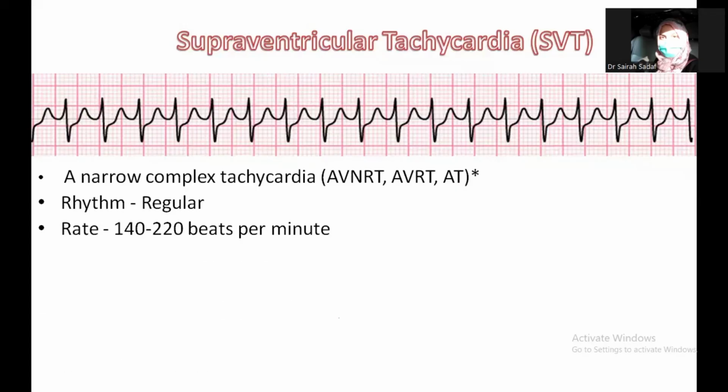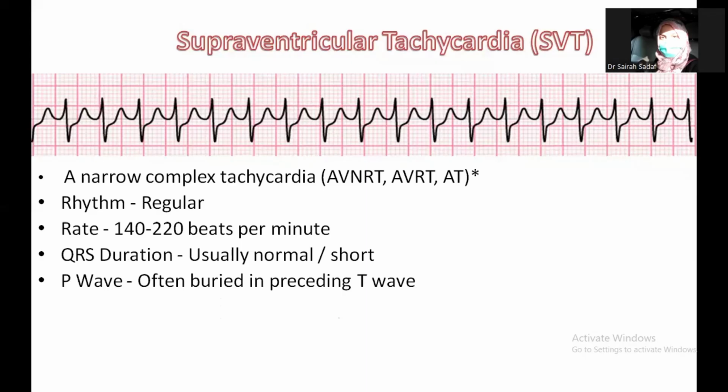Rate will be more than 140, up to 200s. It starts from the 180s and goes up to 200s. Below that, usually these are not SVTs. QRS complex duration is normal, maybe shortened. That's why we call it narrow complex. Sometimes it may be normal even.